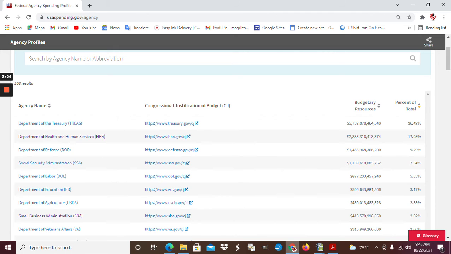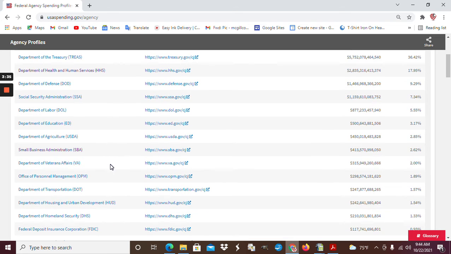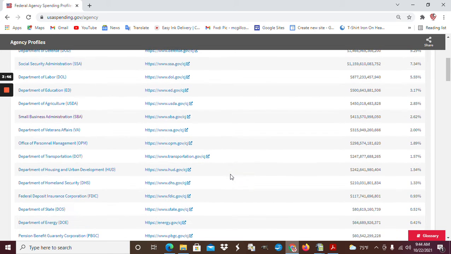Of course, they spend a pretty good bit of money too. Department of Education got 3.17%, $500 billion. Small Business Administration got $400 billion, which is only 2.62% of the amount of money that actually went out.